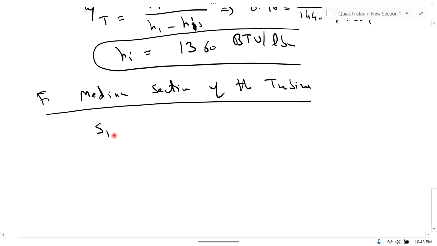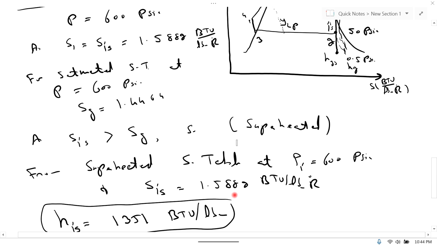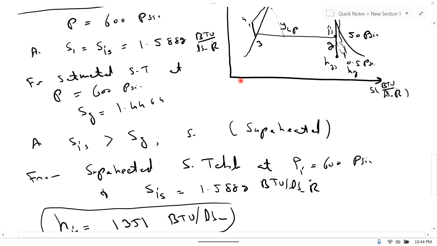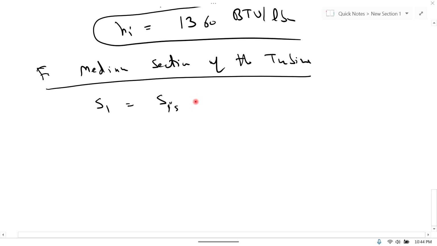We know that S1 is equal to S1 double dash S, this line. You can check it at this point, H1 double dash S. Entropy is constant here, which is equal to 1.5882 BTU per pound mass per degree R.